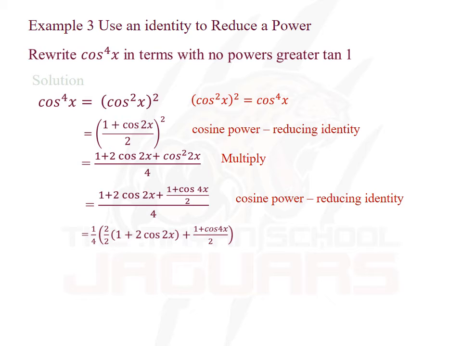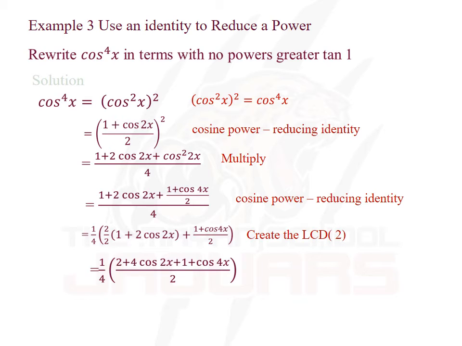Dividing by 4 is equivalent to multiplying by 1/4, so this will be 1/4 times. Like I said, I need to create a least common denominator. What I can do here is multiply the expression 1 plus 2 cosine of 2x by 2 and divide by 2. This will let us have a common denominator 2, as I have for (1 plus cosine of 4x) over 2.